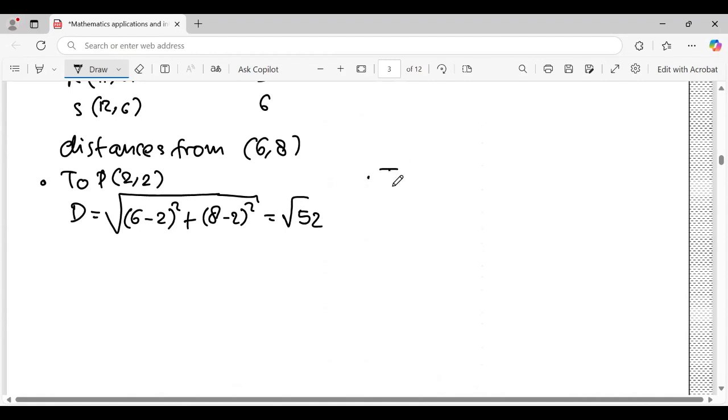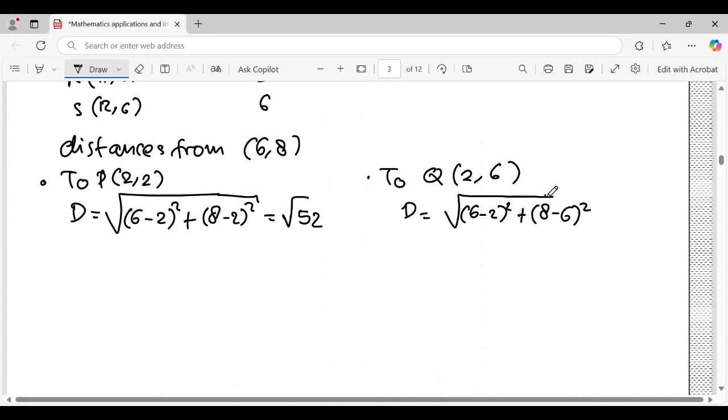Next, to Q (2, 6). The distance is the square root of (6 minus 2) squared plus (8 minus 6) squared, which is square root 20.